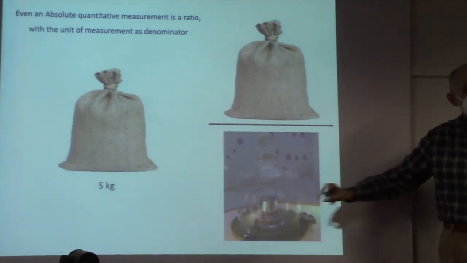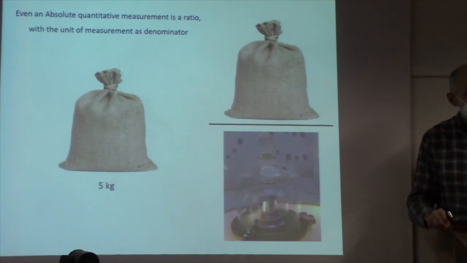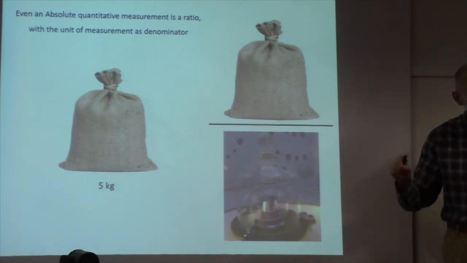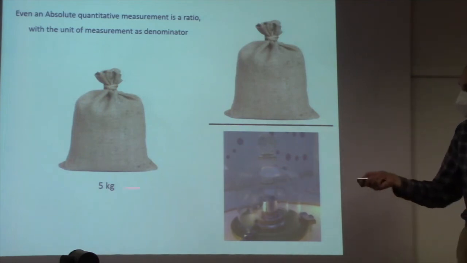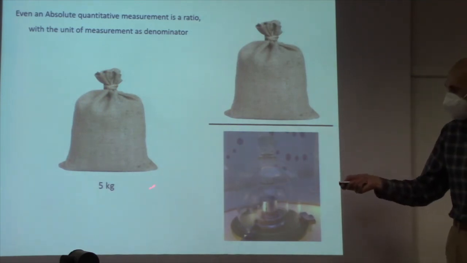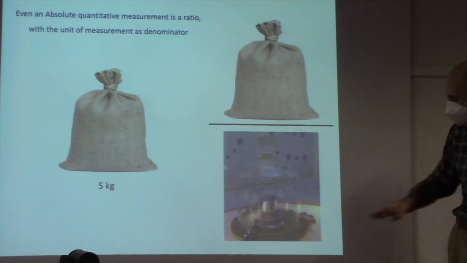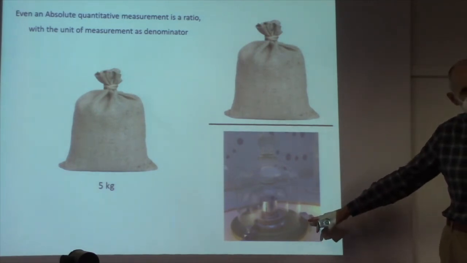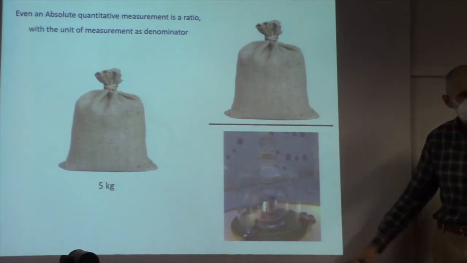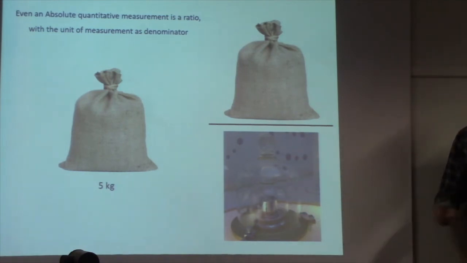And where is it? It's in the unit of measurement. When we say kilograms, we need to know what a kilogram is. The kilogram is the denominator of this absolute measurement. By the way, since 2019, this is no longer the kilogram. This was the last human artifact used as a unit of measurement.